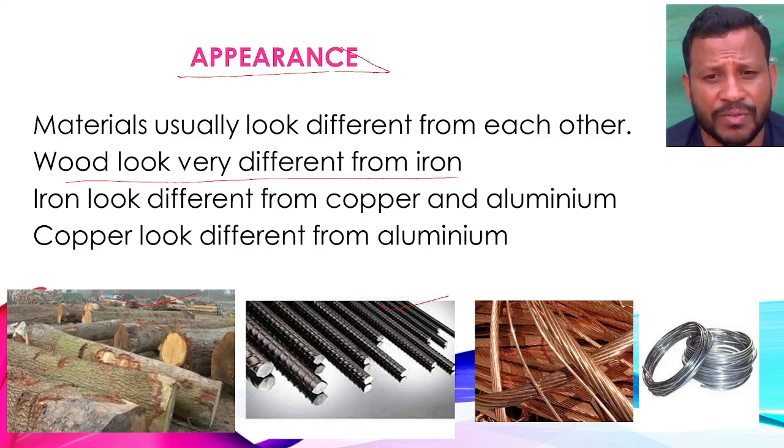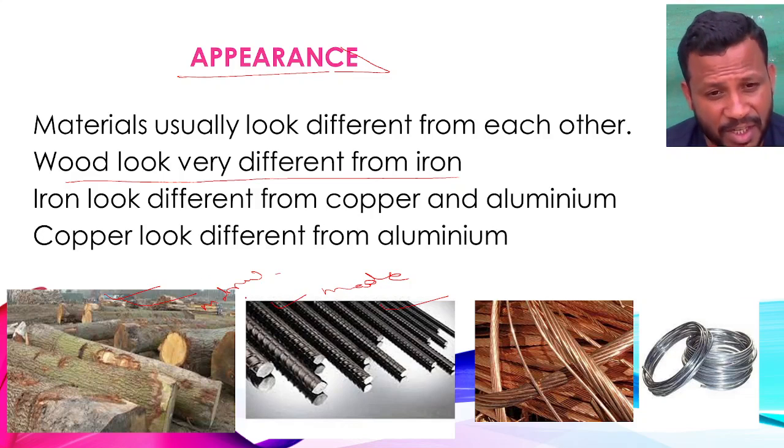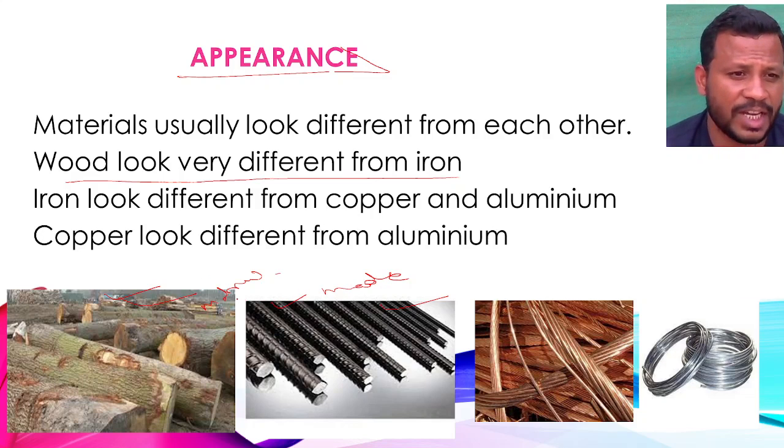They are totally different in their nature, appearance, and occurrence. Wood is natural, and steel is man made. Why? Because wood we get from plants and trees, but steel we prepare in the industries.